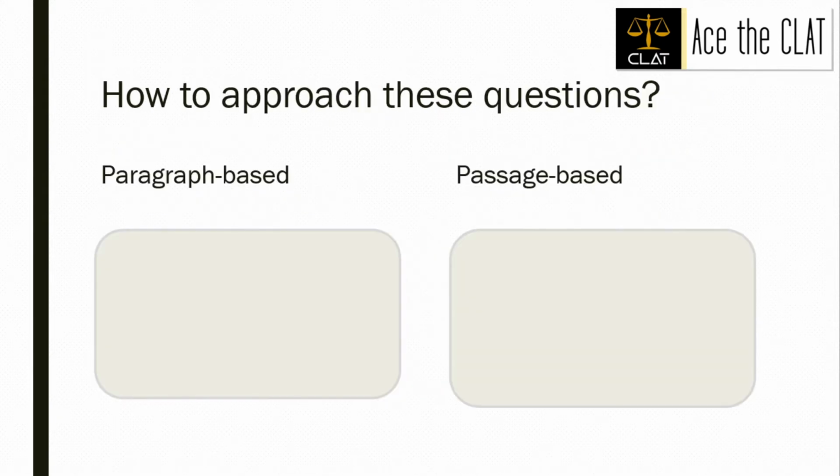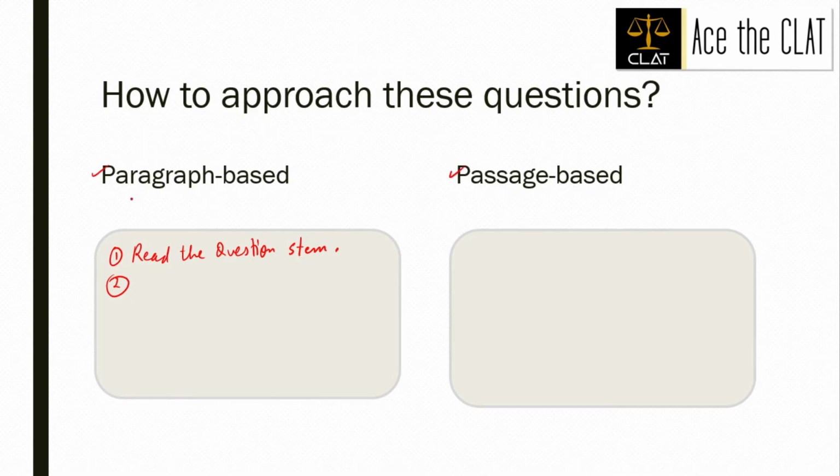Alright, so let us talk about a strategy to approach these questions. Alright, the first and foremost thing is that you should read the question stem first. Okay, reading the question stem in terms of paragraph based. Passage based में मैं आऊँगा, ठीक है?